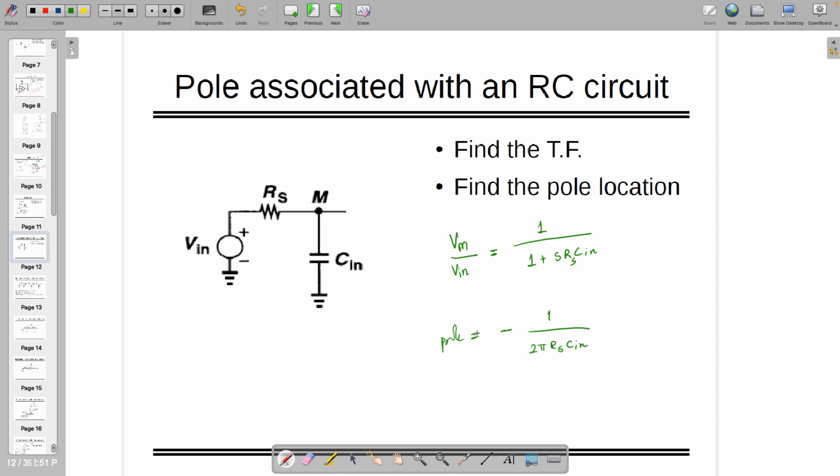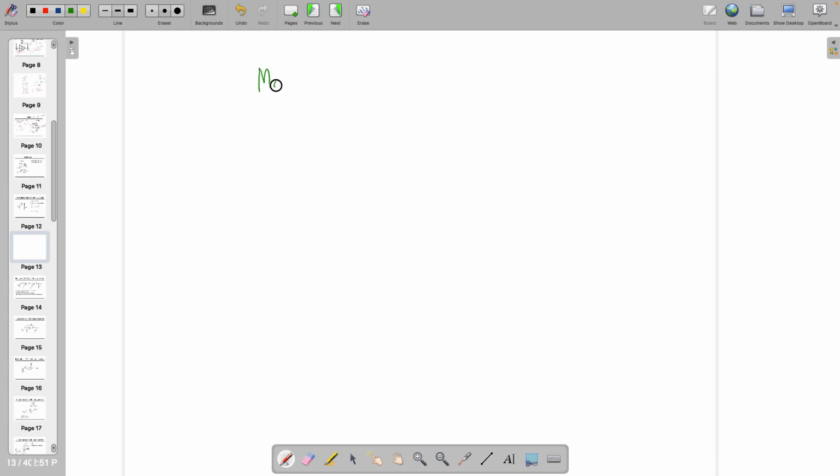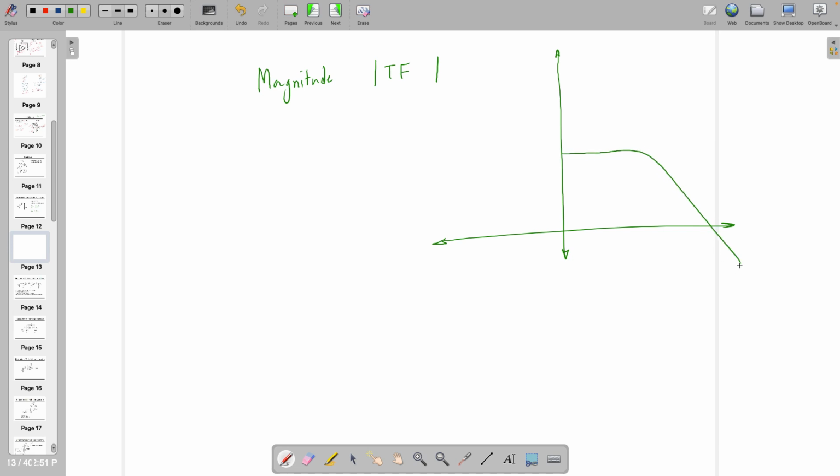But the important part is sometimes people don't write minus, because we are going to plot something called the magnitude plot. So we are interested in the mod of the transfer function, and in the mod of the transfer function, it will come this side.